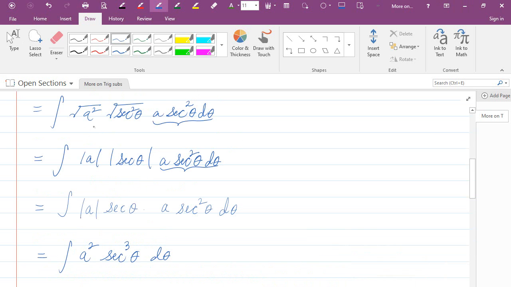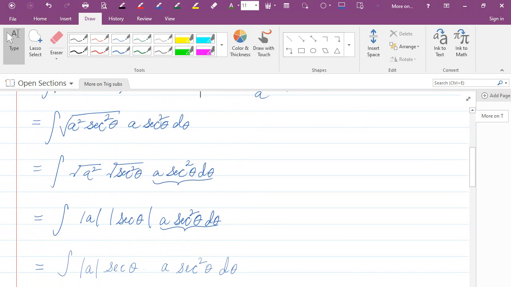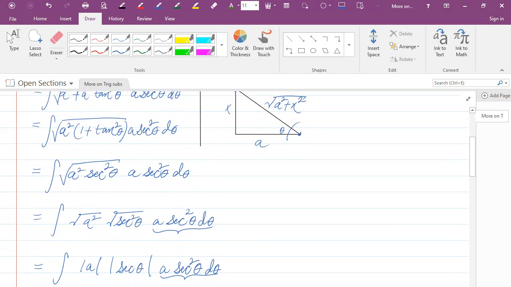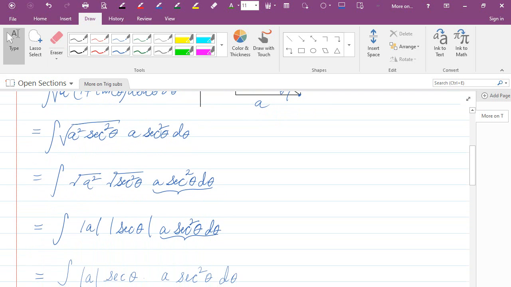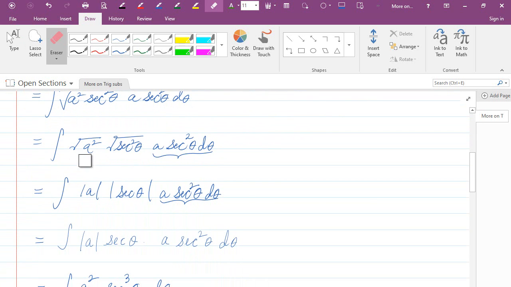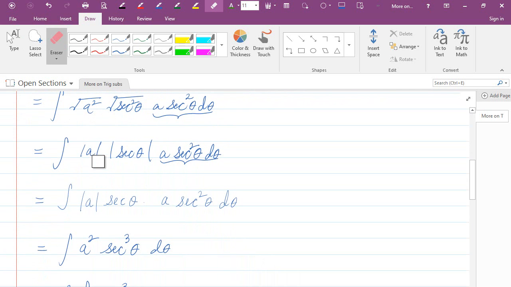So again, after we substituted x equals a tangent of theta, we kept simplifying, and at some point we got the root of a squared times secant squared of theta, and that we can write as root of a squared times root of secant squared of theta. And root of a squared is just a, assuming that a is positive.